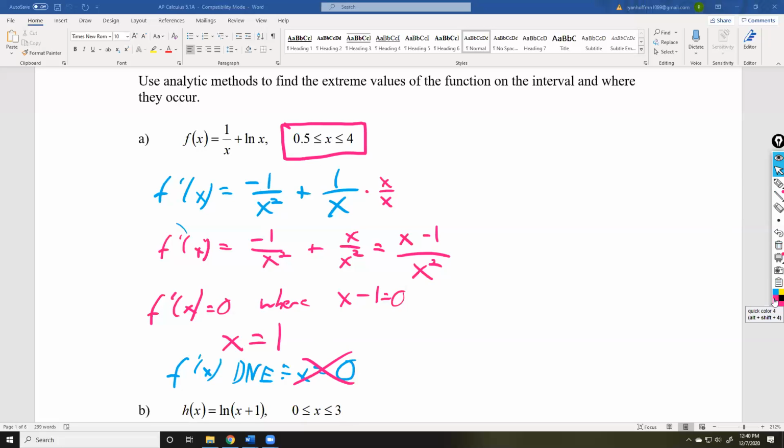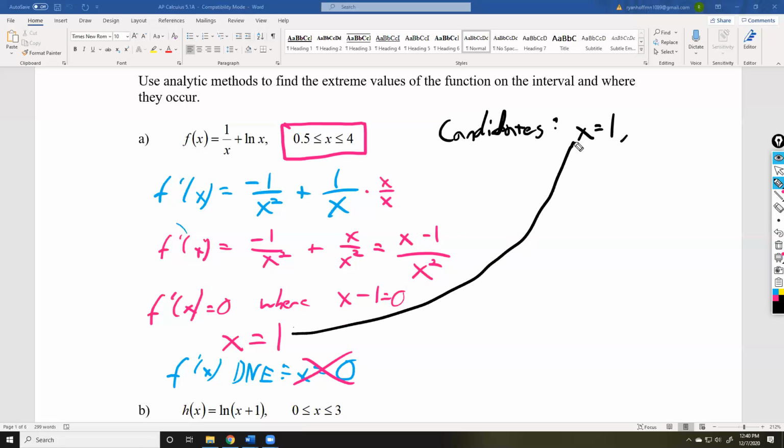So our candidates are x equals 1, that was our critical point, and then we have our endpoints, if we're finding an absolute max or min in between these endpoints. So at x equals 1, and then we want our endpoints, x equals 0.5 and x equals 4.